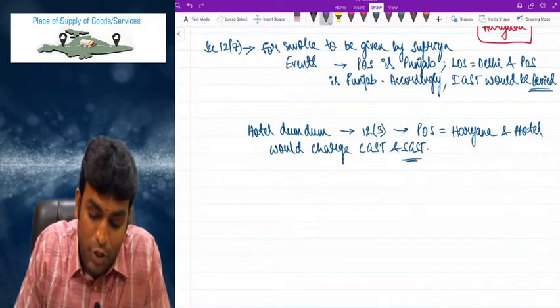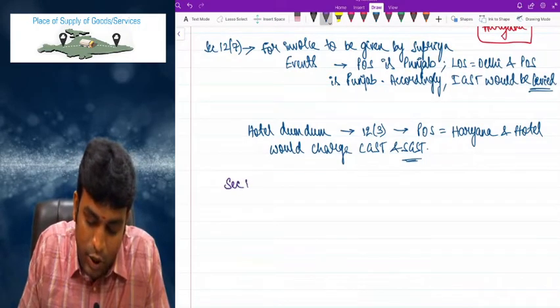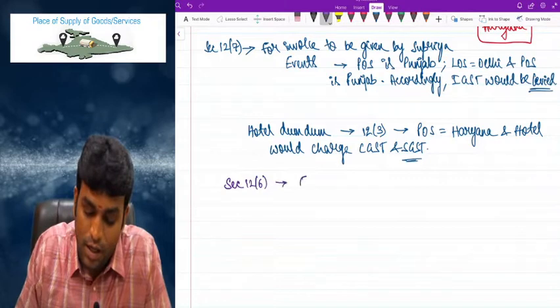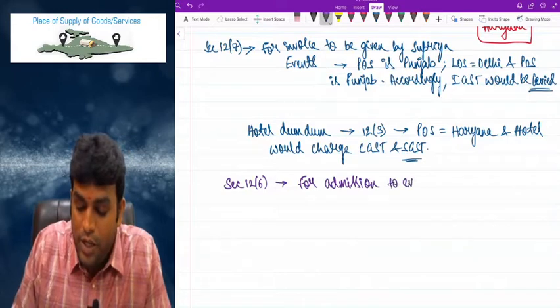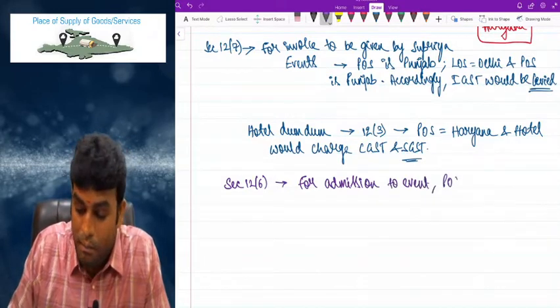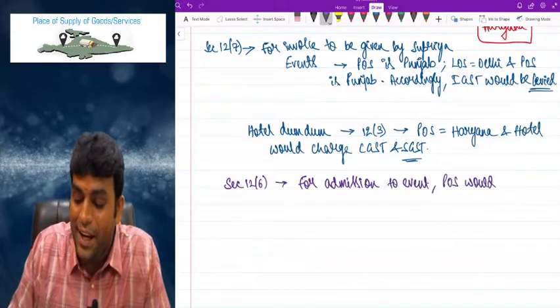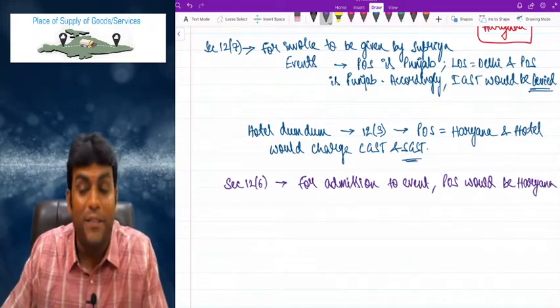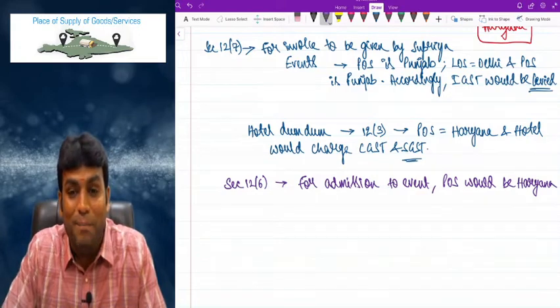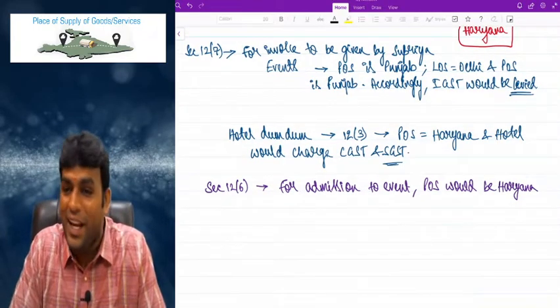The other point, we should also answer based on section 12(6). That is, for admission to the event, the place of supply would be Haryana. Why? For admission to an event, the place of supply is the place where the event is actually held.